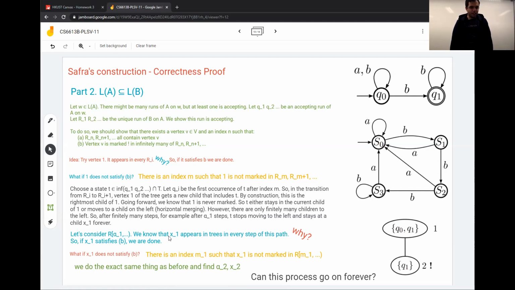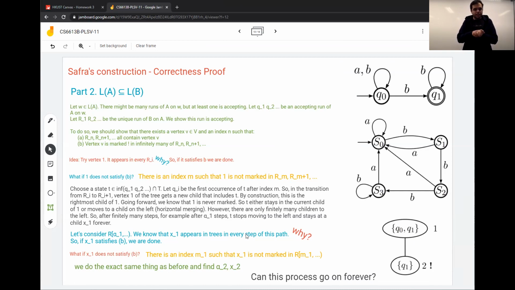Why? Because we know that T appears infinitely many times, and because T is in X1, right? And we know that T is not going to move left from X1. So X1 appears in every tree that comes from this point onwards. And we know that vertex X1 will not be removed.